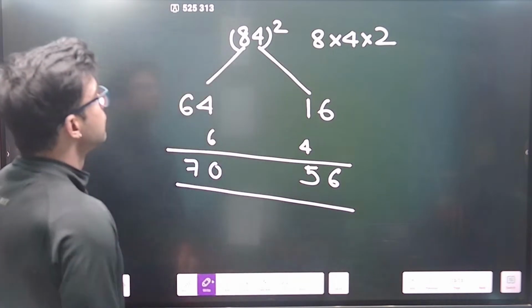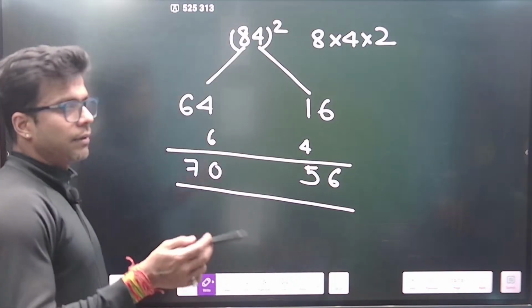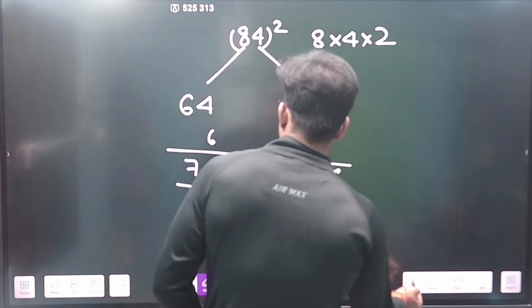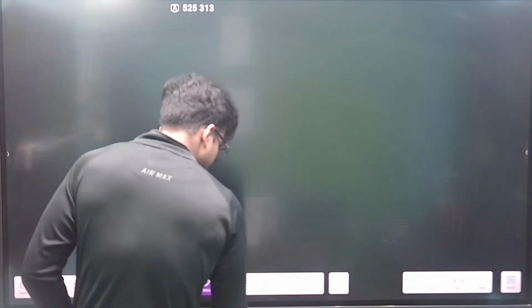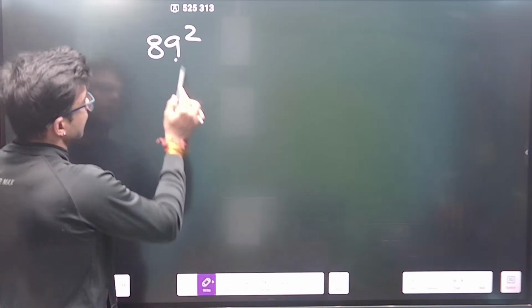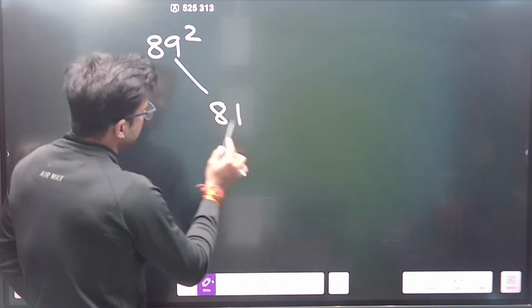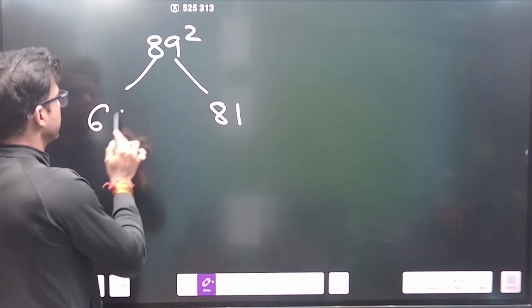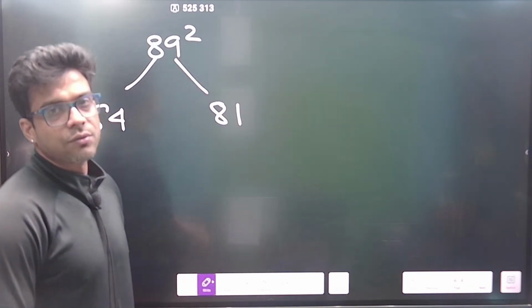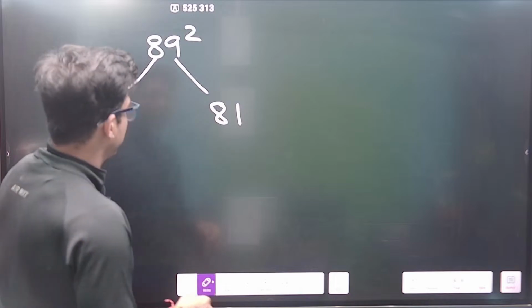Now only a single method is applied to every problem. Okay, let's go for 89. Now I'll not write down a single page. Write down 89 ka square. 9 ka square is 81, 8 ka square is 64, 8 9s is 72, 72 2s is 144.